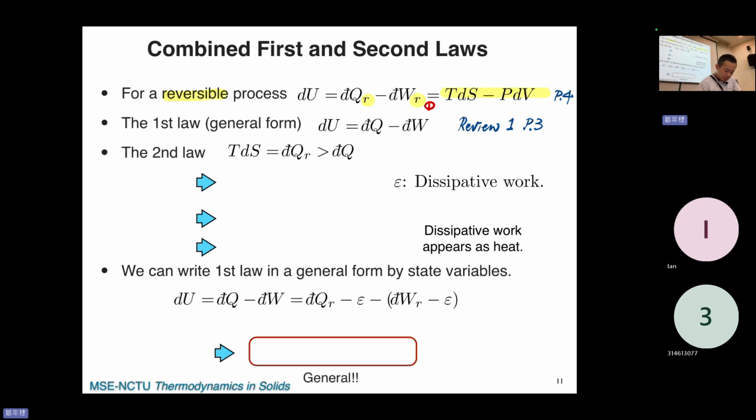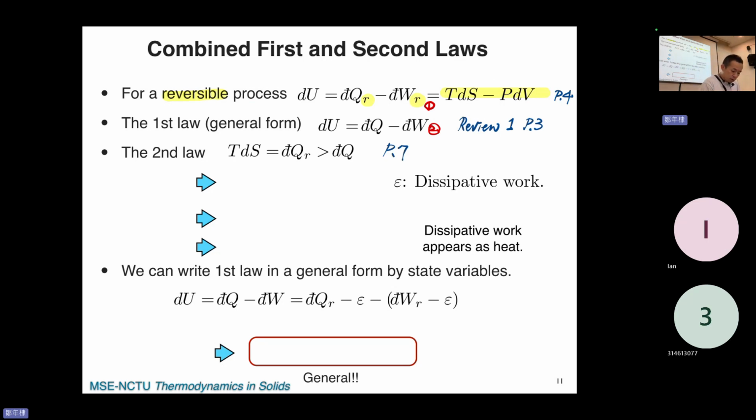And the second one is this. Then we want to see the second law. The second law has TdS equal to d bar Qr greater than d bar Q, which is based on page 7 in this PDF.